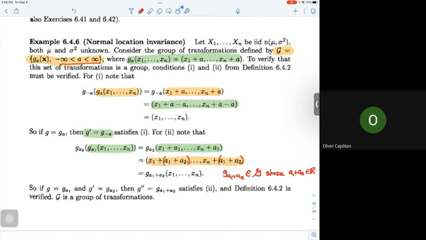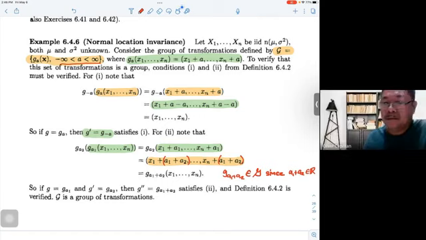May sagot ba dyan kung ano yung identity element ng script G natin?